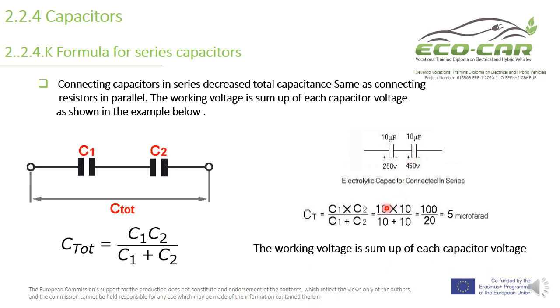The working voltage now is the sum of each capacitor voltage. Since we have two different voltages for different capacitors, the working voltage equals the sum, which is about 700 volt.